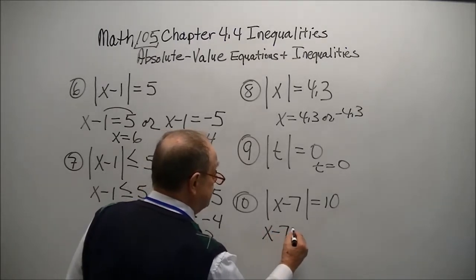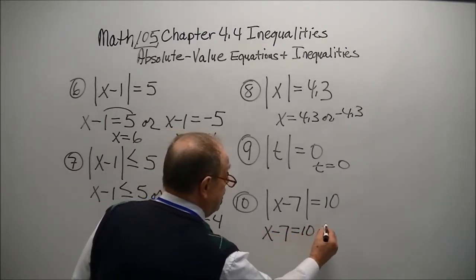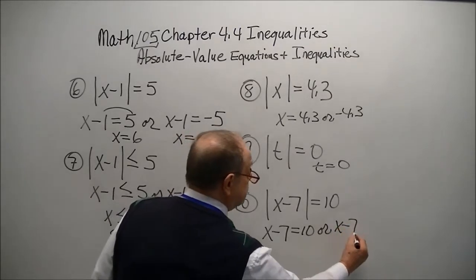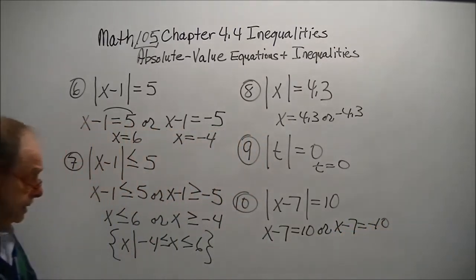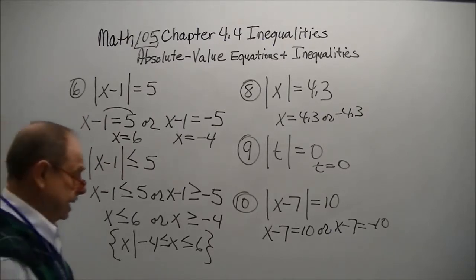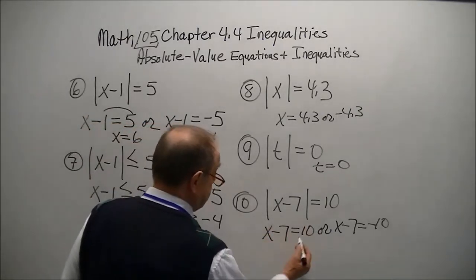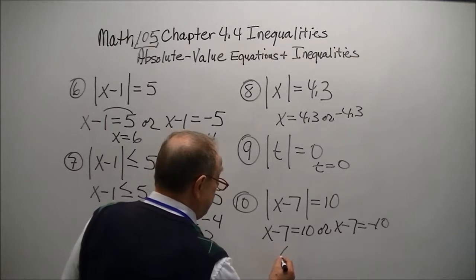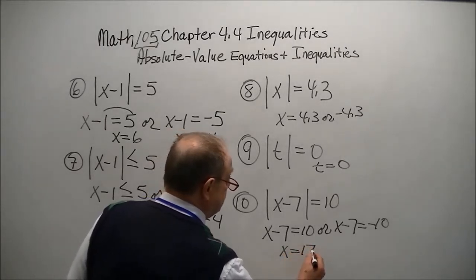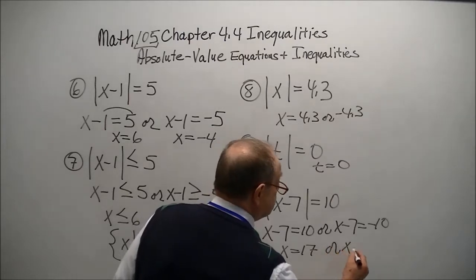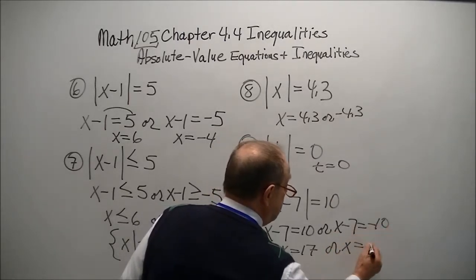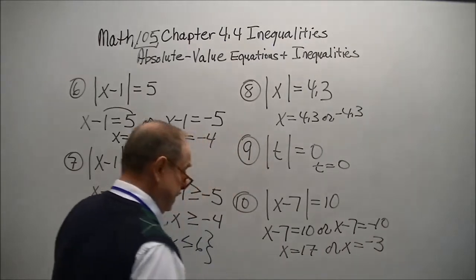X minus 7 equals 10, or x minus 7 equals a negative 10. So as you solve, you just transpose, x equals 17, or x equals a negative 3.